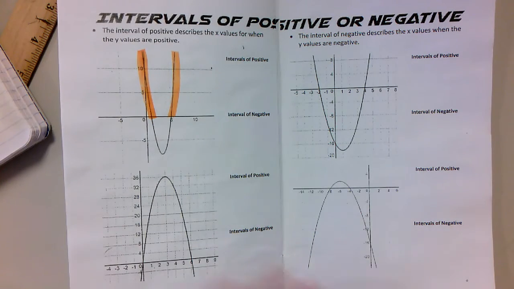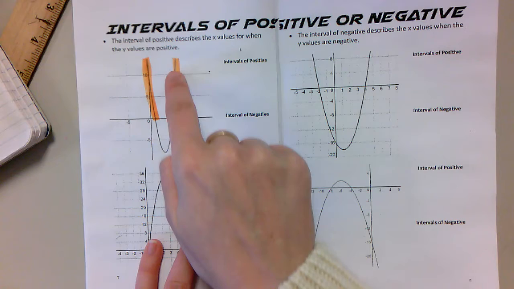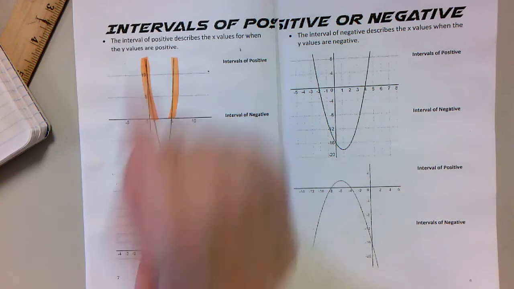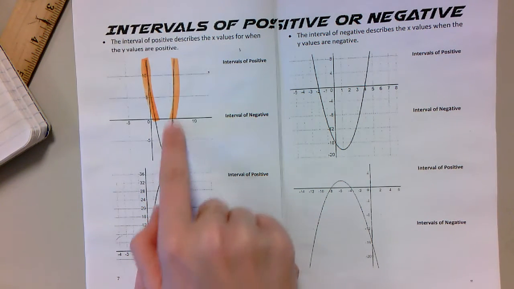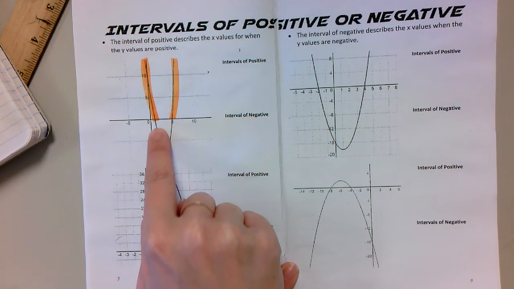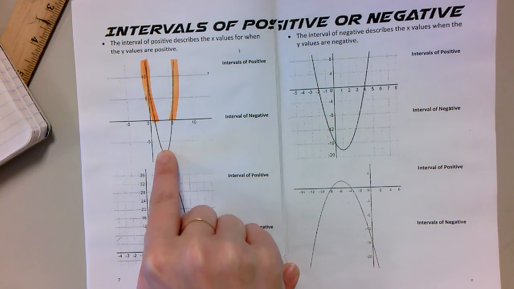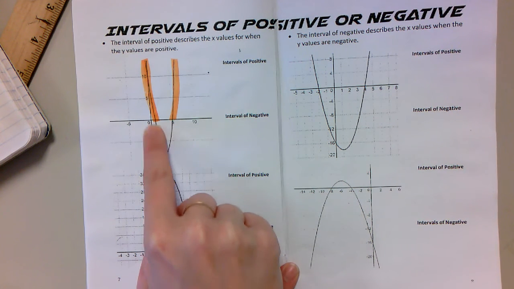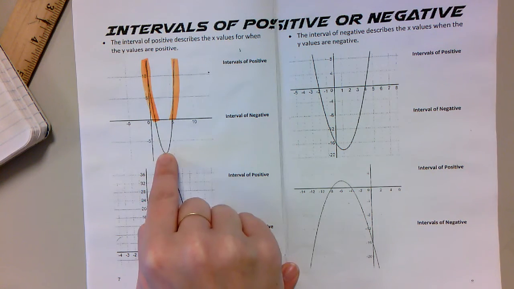If I were to say, tell me the points that are on this graph up here, they would all have positive y values. Any of these points would have negative y values. This would be negative 1, negative 2, negative 3, negative 4, negative 5, negative 6, negative 7. These all have negative y values. So these are not part of the positive interval.